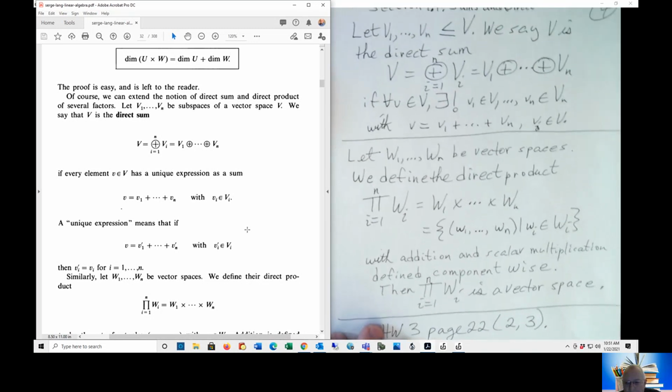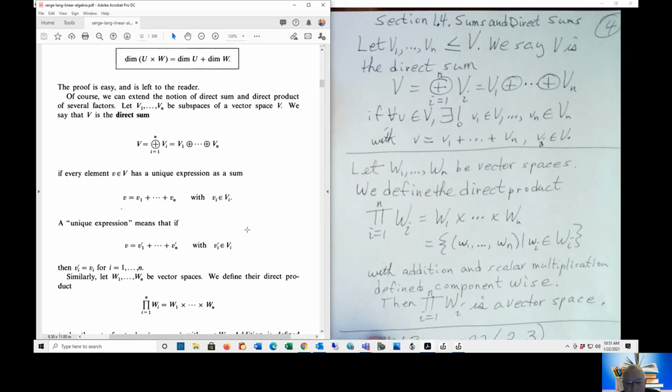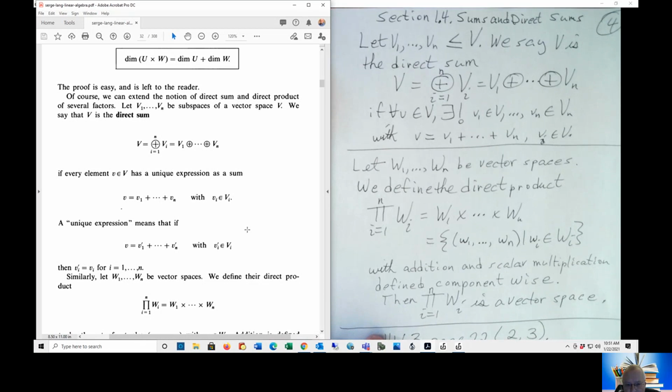to any number of subspaces. So now let V1, V2, dot, dot, dot, through Vn be subspaces of V. We shall say that V is the direct sum of this finite set of subspaces, okay? And here's the notation for it.